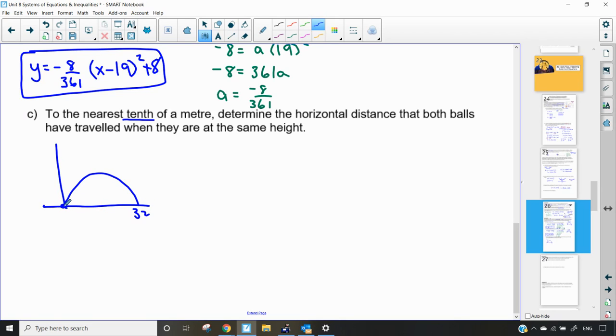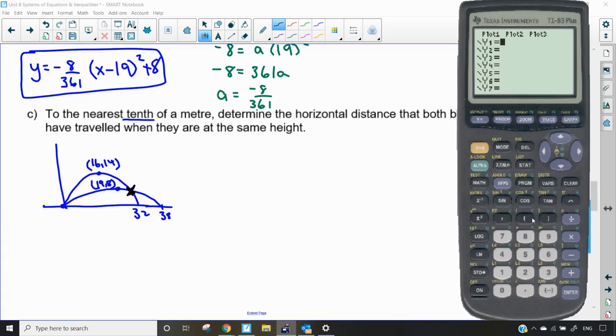And then we have another ball that's also going to come up, but it's going to land 38 meters from where it was launched. It'll have a vertex here at (19, 8). And our other one will have a vertex at (16, 14). And ultimately, we're looking for where those 2 paths are intersecting.